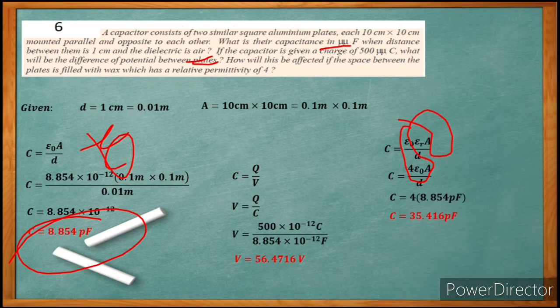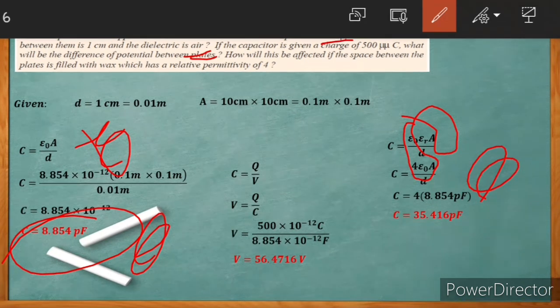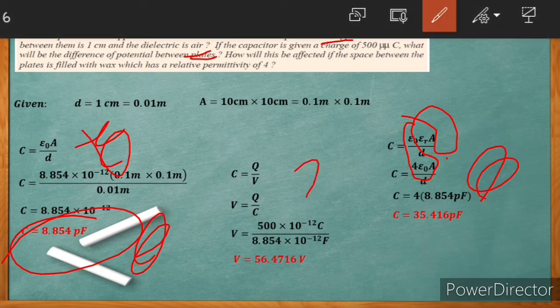So it will somehow affect the voltage because the capacitance for this one is a smaller value compared to those filled with wax. We can say that our voltage for this one will be 4 times lesser than the voltage difference of this one.